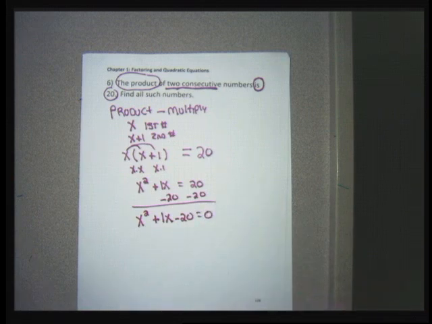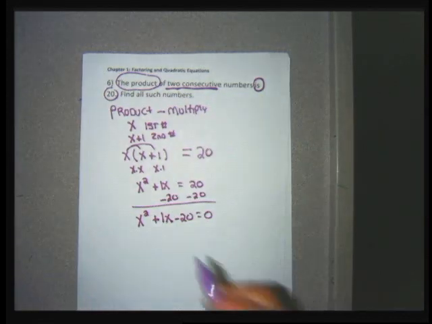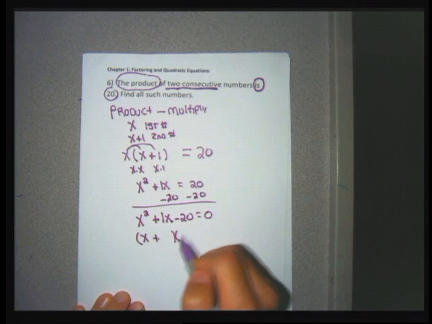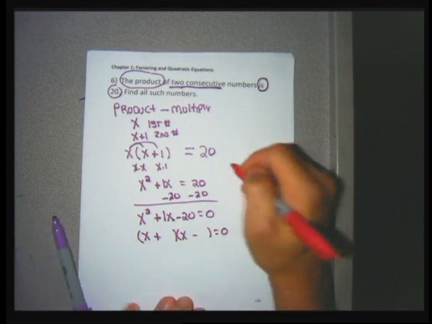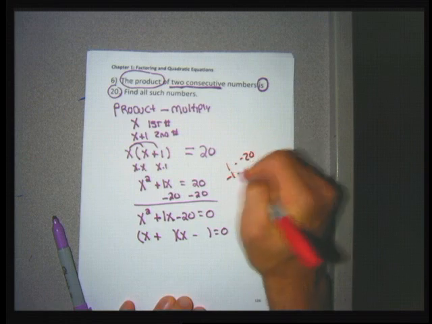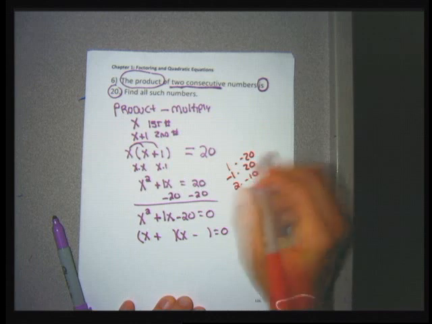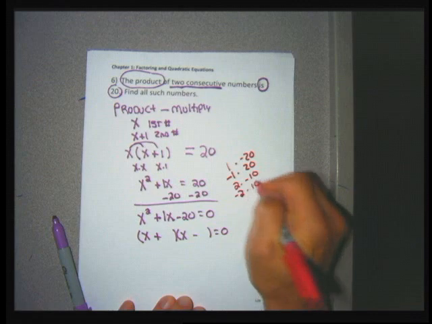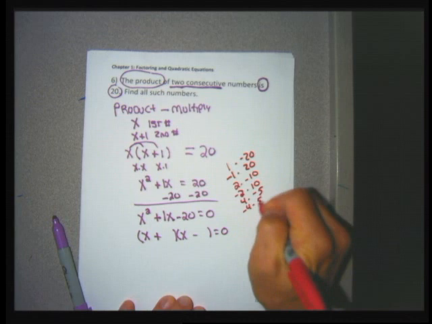I'm going to factor this. My template for factoring says I need a plus and a minus, and I know I don't need bottoms up because there's not a number in front of the x squared, so I just have to figure out what to do with that minus 20. And for the minus 20, I would have a choice of positive 1 and minus 20, minus 1 and positive 20, positive 2 and minus 10, negative 2 and positive 10, positive 4 and negative 5, negative 4 and positive 5.